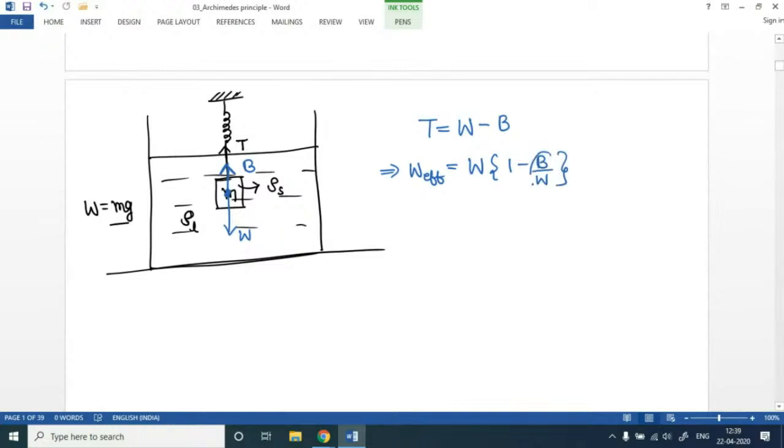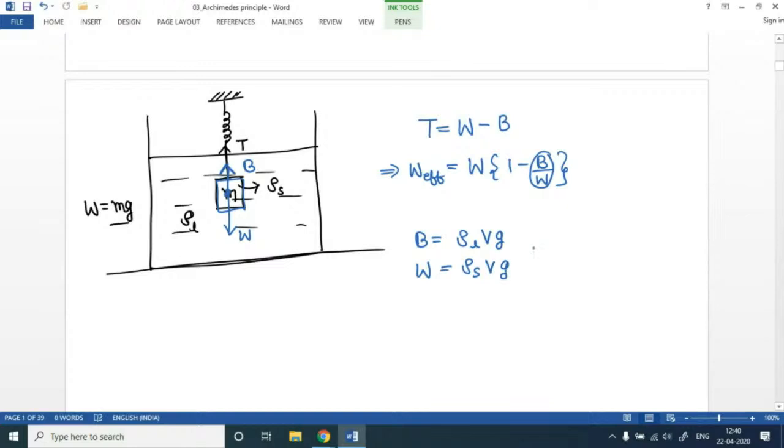Now let's try to find this ratio B by W. Let's say the volume of this block is V. So buoyancy would be nothing but rho L into V into g, that would be the weight of displaced liquid. And its weight W would be the mass of this block times g, and the mass of this block would be simply rho S into V, so W is rho S into V into g.